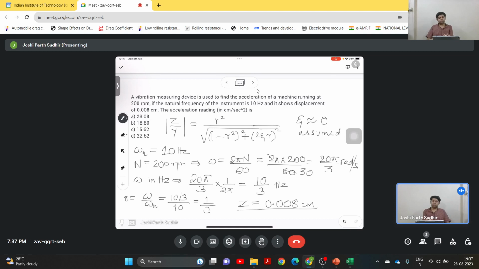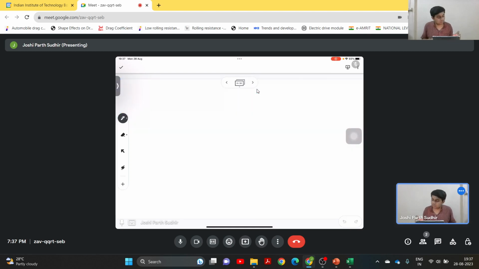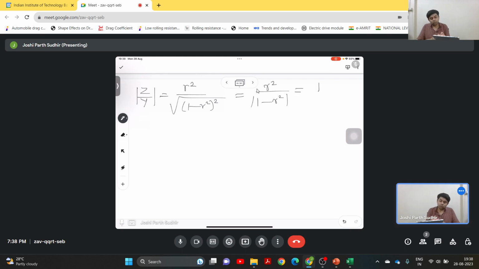Using this information, let us find the ratio of Z by Y, which is equal to r square upon mod of 1 minus r square, which is (1 by 3) whole square upon 1 minus (1 by 3) whole square.